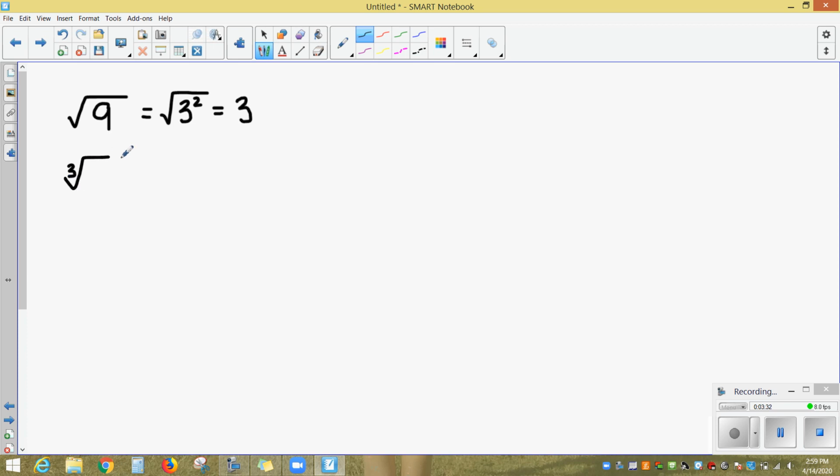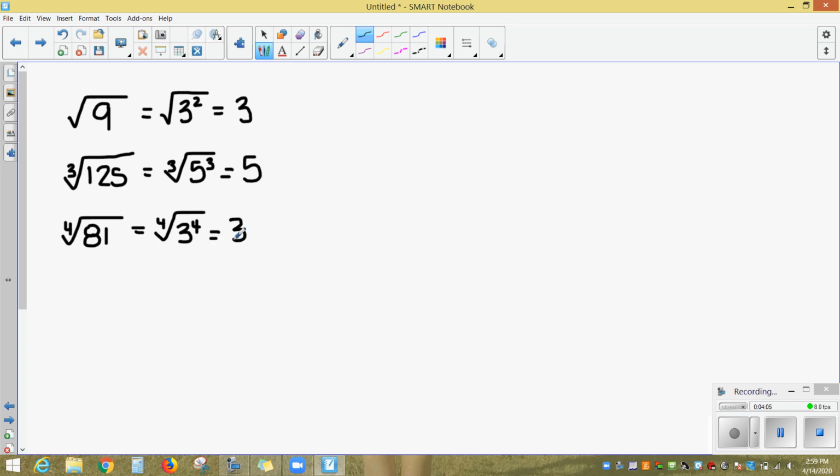And we said we had the cube root of 125 on the last page, and we said, well, 125 is 5 cubed, and so the cube root of 5 cubed is equal to 5. Or maybe I have the fourth root of something small, 81. And if we recognize that 81 is 3 to the 4th power, we say, well, the fourth root of 3 to the 4th is just equal to 3.